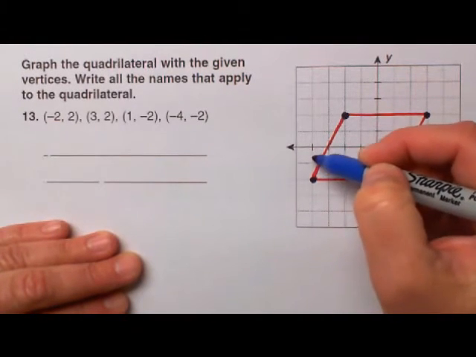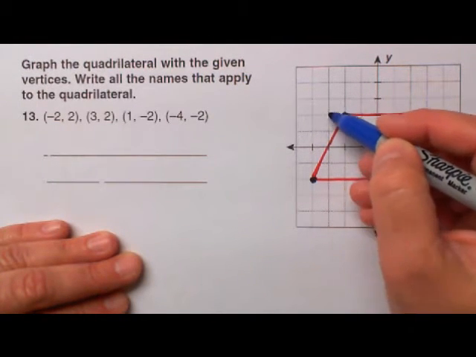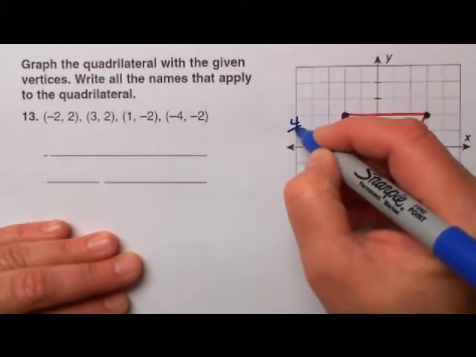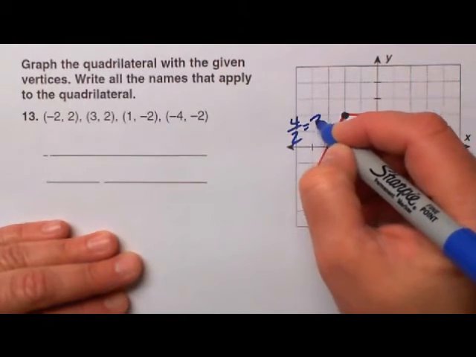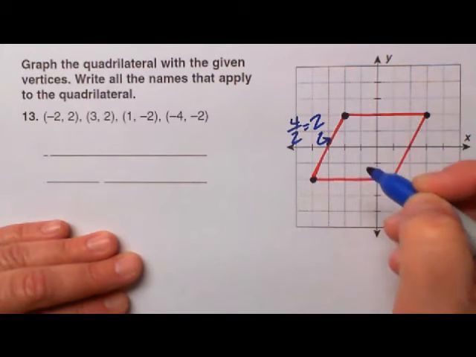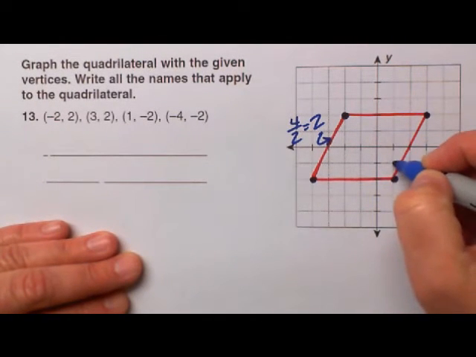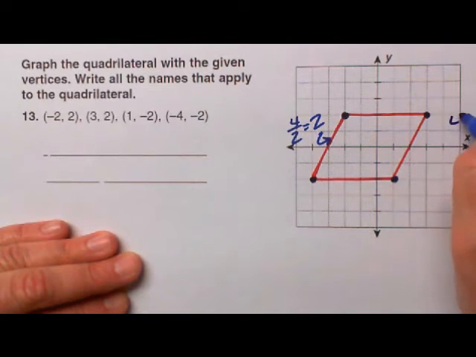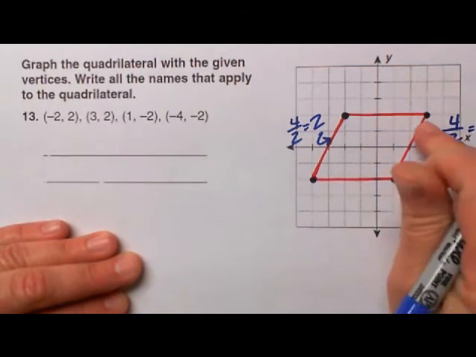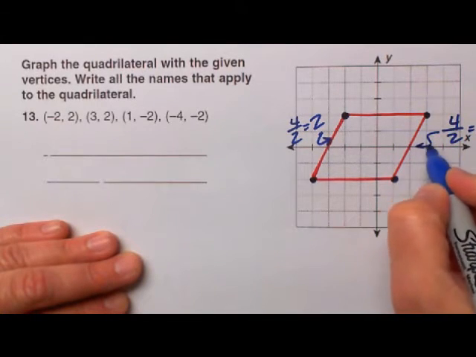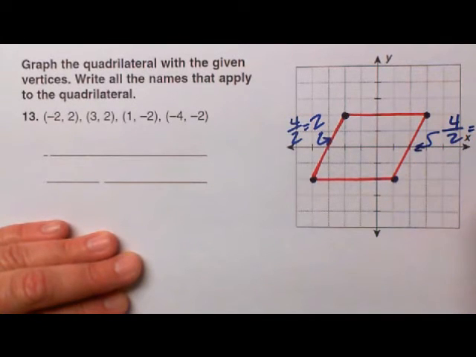So I go up 1, 2, 3, 4, and over 2. So up 4 and over 2. So the slope of this segment is 2. Now I go up 1, 2, 3, 4, up 4 and over 2. So the slope of this segment is also 2.